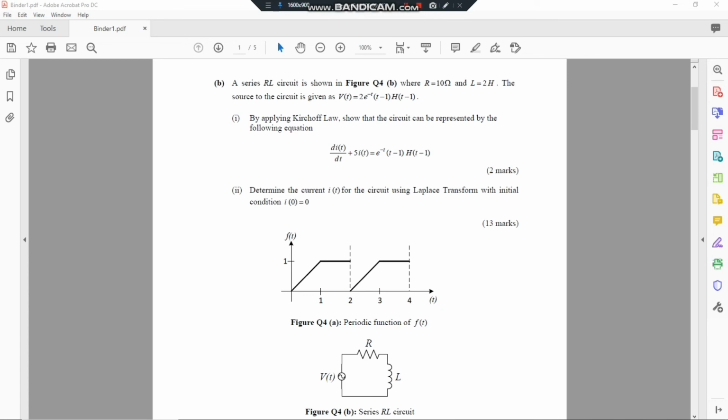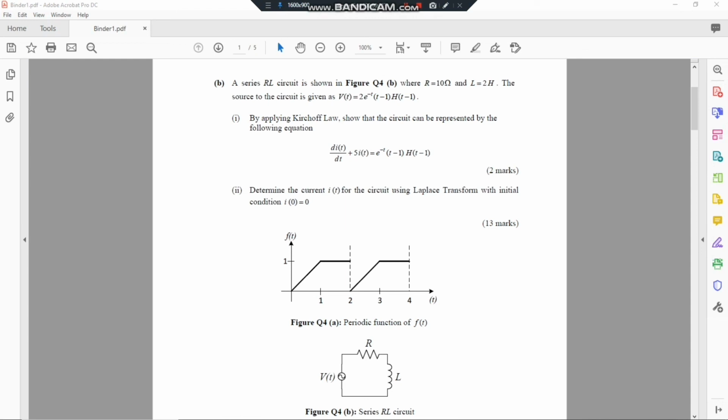Okay, the next question is B. A series RL circuit is shown in figure question 4b, where R equals 10 ohms and L equals 2 Henry. The source of the circuit is given as V(t) equals 2e^(-t) times the Heaviside function (t minus 1).